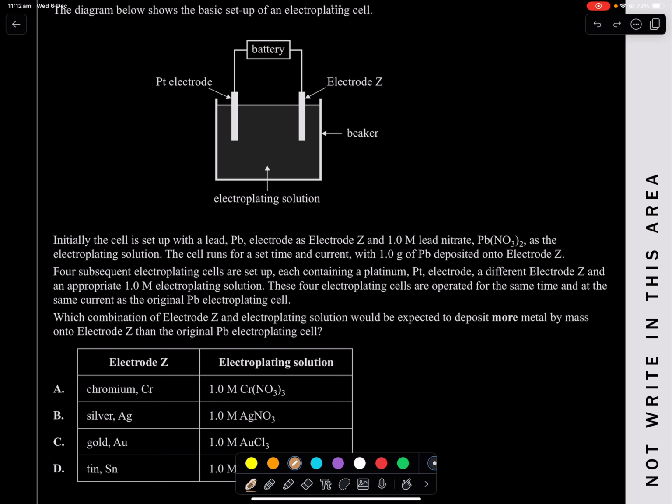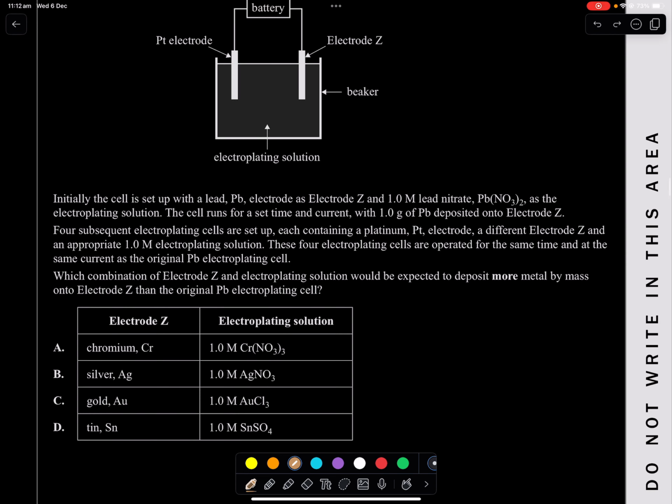Four subsequent electroplating cells are set up, each containing a platinum, Pt, electrode with a different electrode Z and an appropriate 1 mole electroplating solution. These four electroplating cells are operated at the same time and at the same current as the original lead electroplating cell.